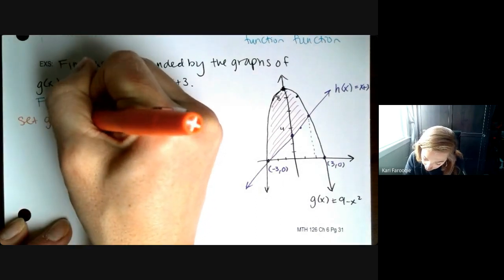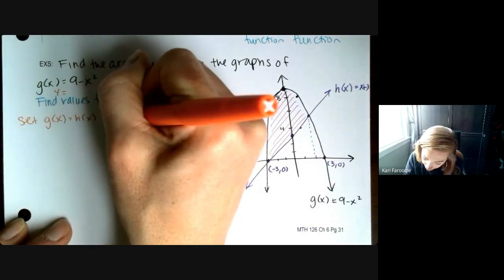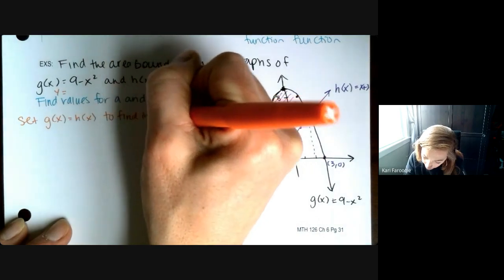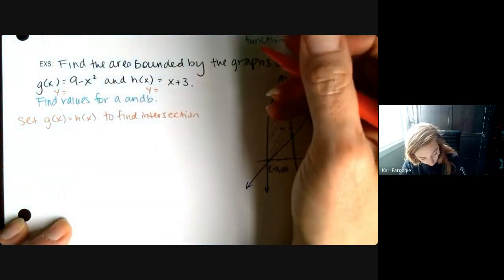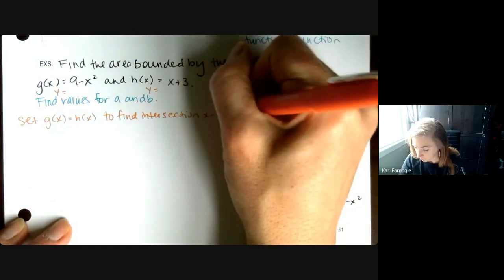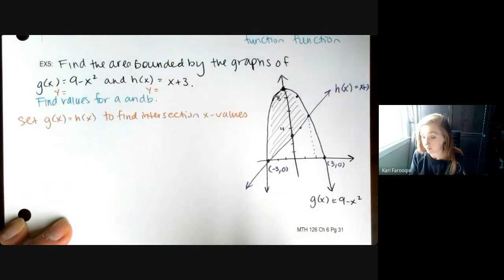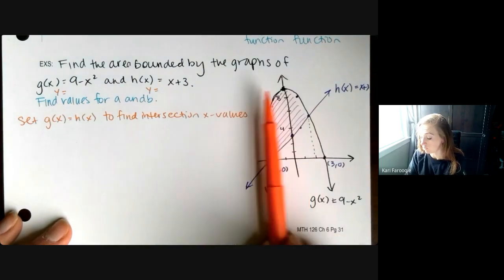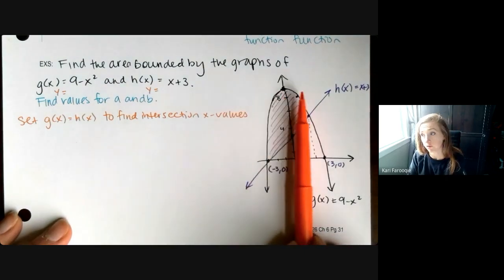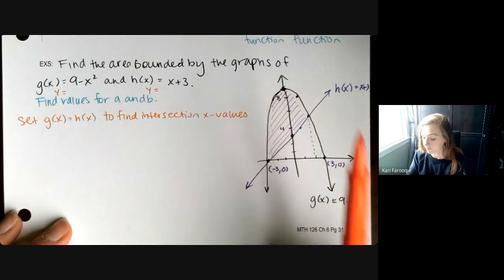Set g of x equal to h of x to find the intersection x values. And then that's going to tell me my limits of integration. And then I'll know, okay, I'm going from here to there. I just need to make sure I'm covering the area of this region from left to right.